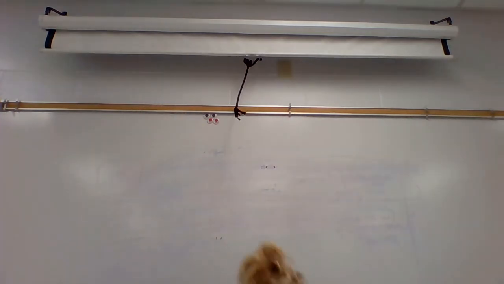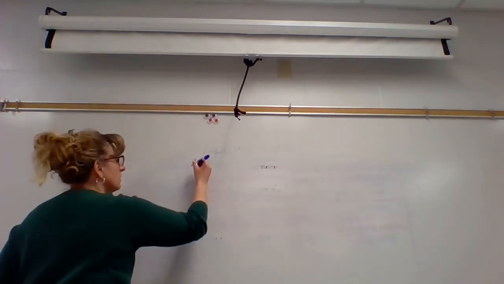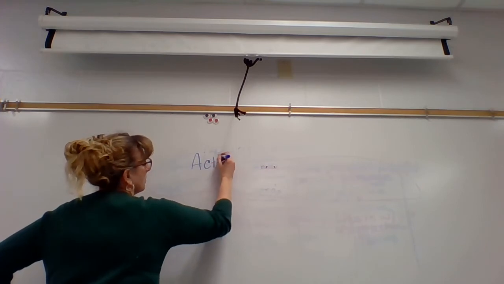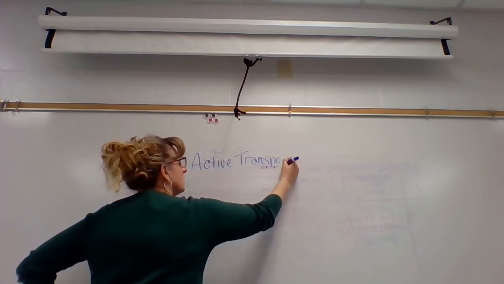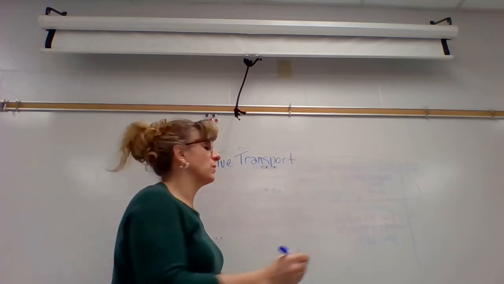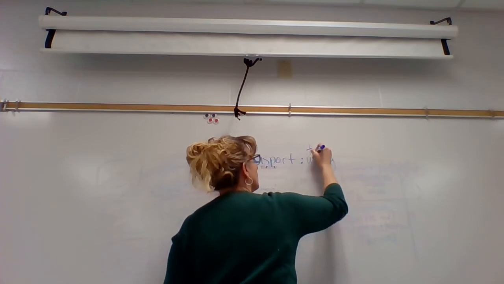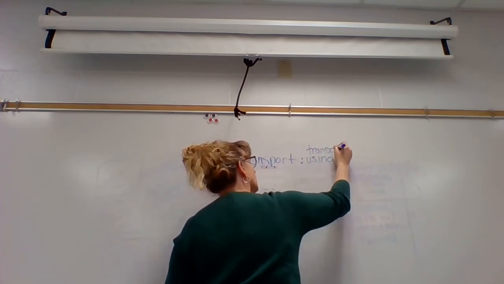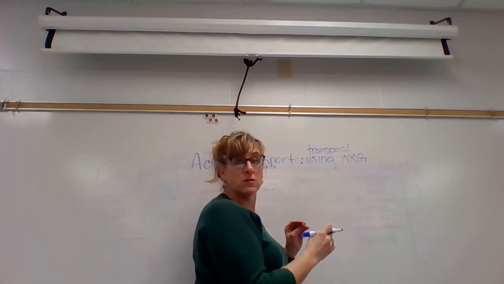All right, dropping stuff. Okay, so we talked about passive transport. Then we have active transport. Okay, active transport is transport using energy. And remember, cellular energy is always in the form of ATP.